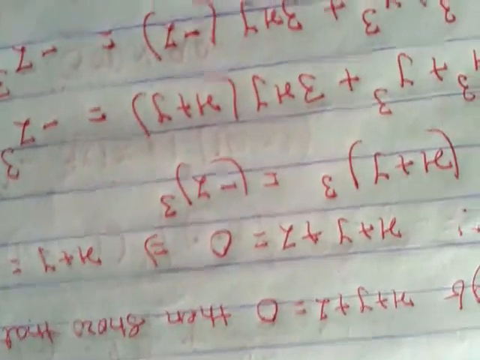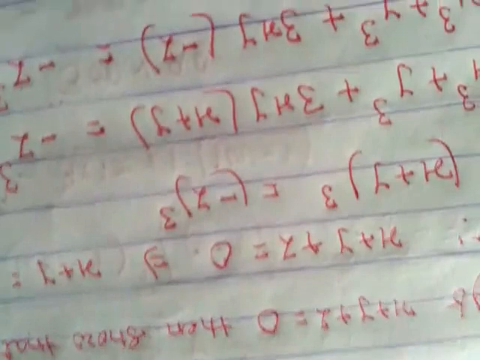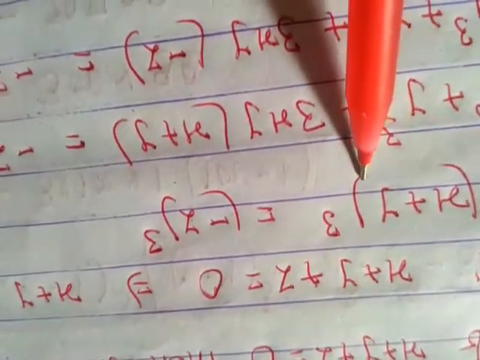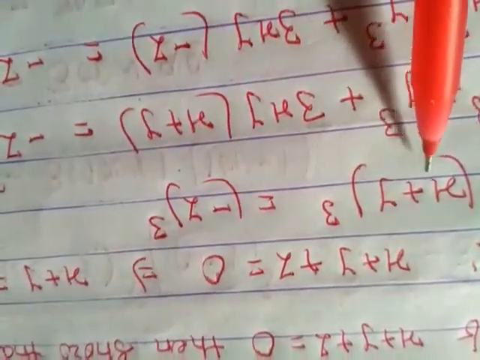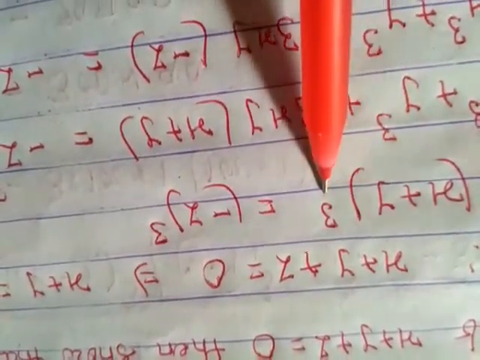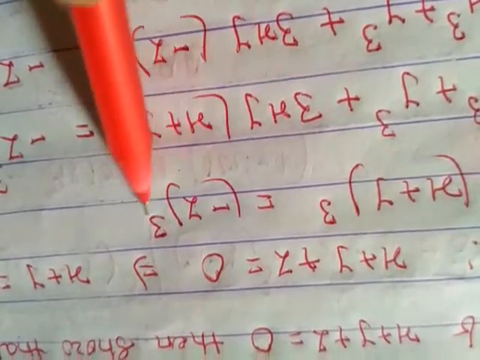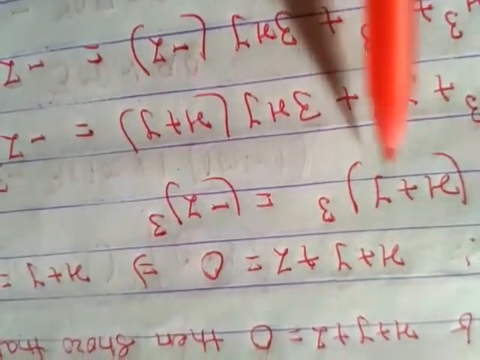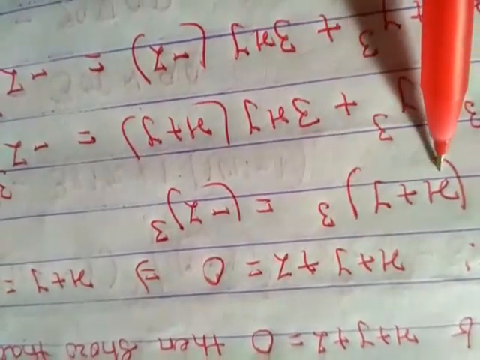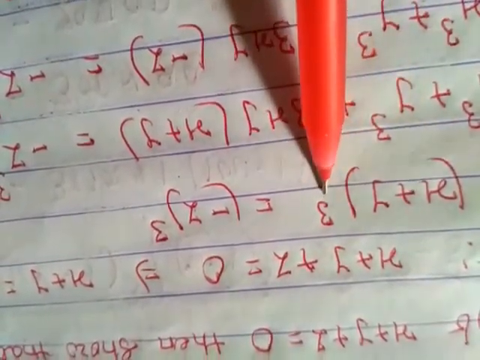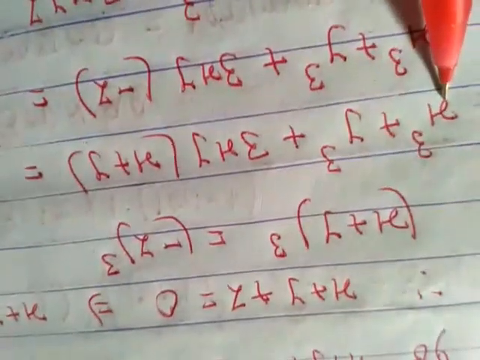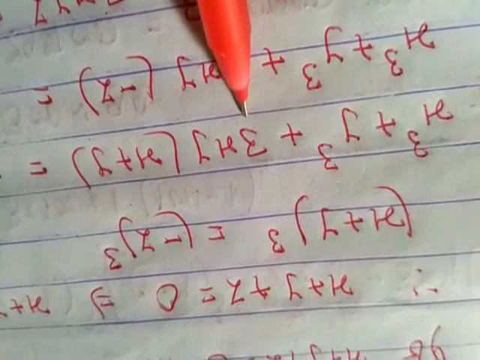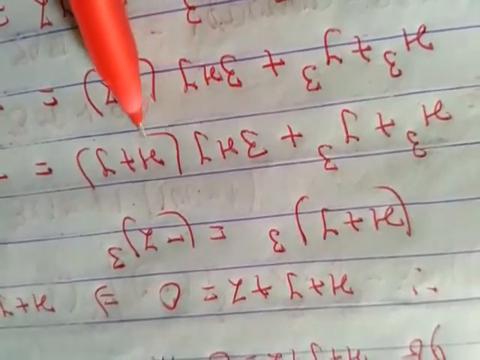Now cubing both sides, it becomes x plus y whole cube equals minus z cube. Now expand this using the identity for x plus y whole cube. This can be expanded as x cube plus y cube plus 3xy into x plus y, and on the RHS, minus z whole cube will become minus z cube.